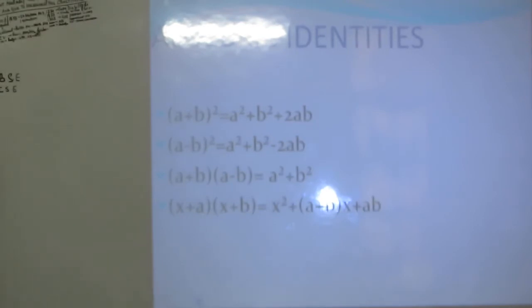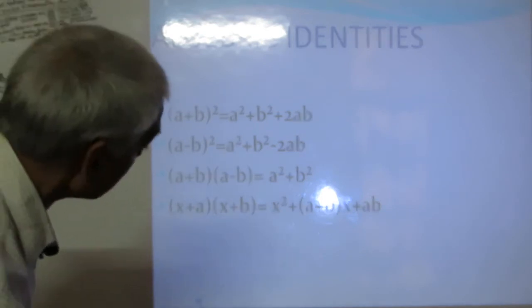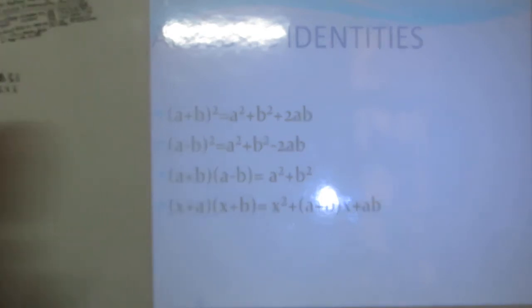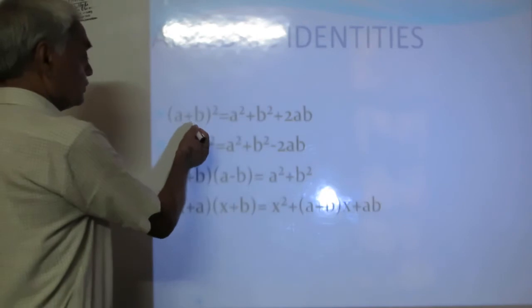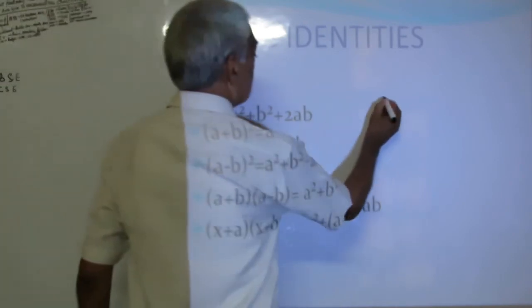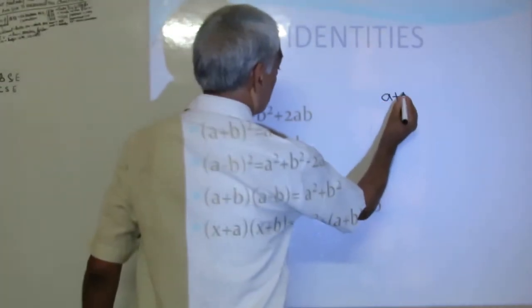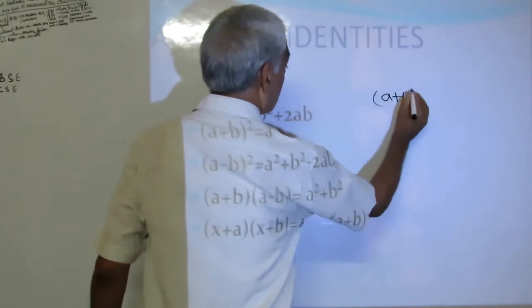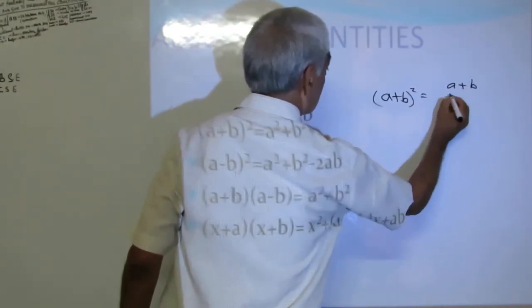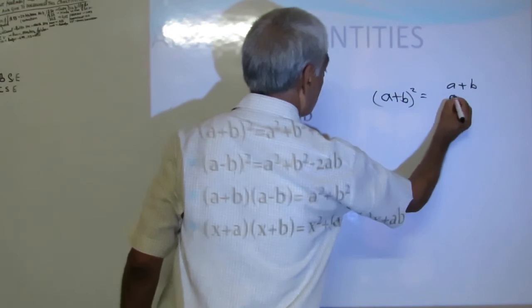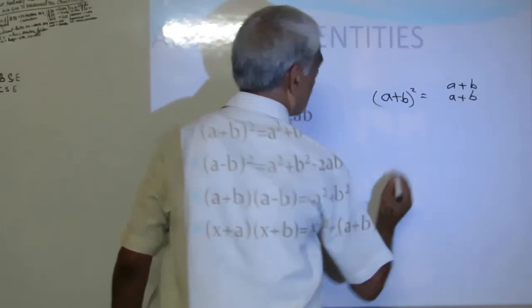Algebraic identities. Now, a plus b whole square is equal to a square plus b square plus 2ab. Now we will see how we arrive at this identity. A plus b whole square means a plus b into a plus b.